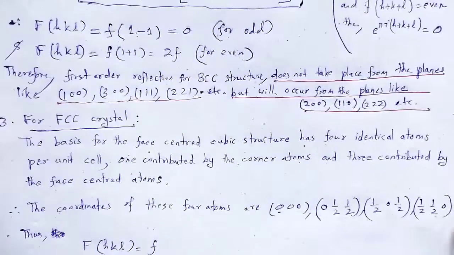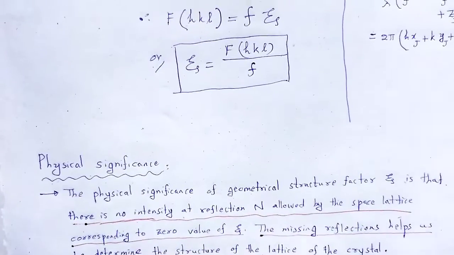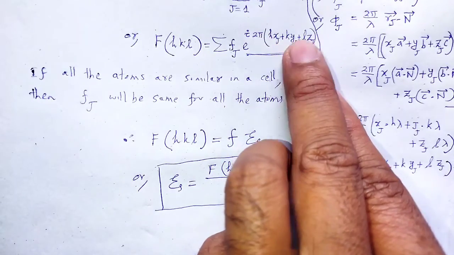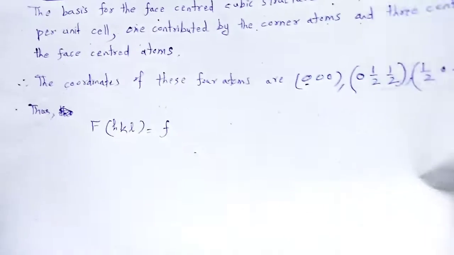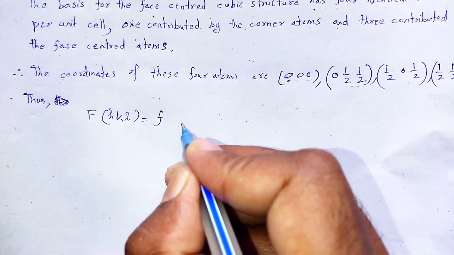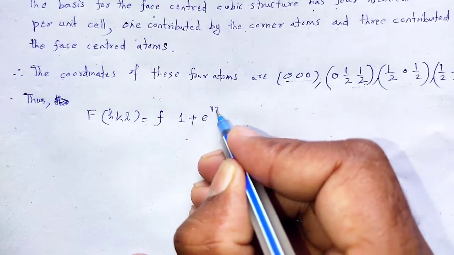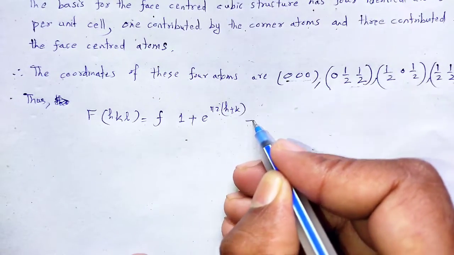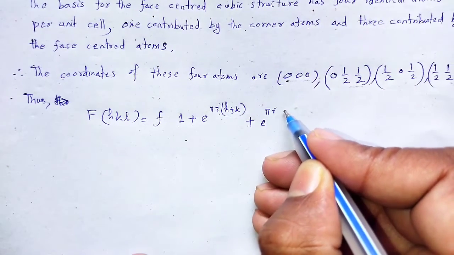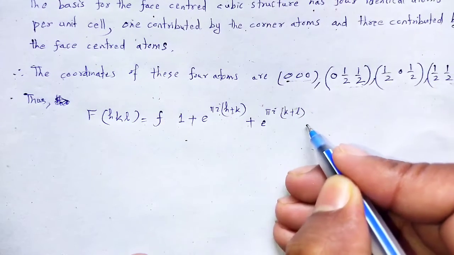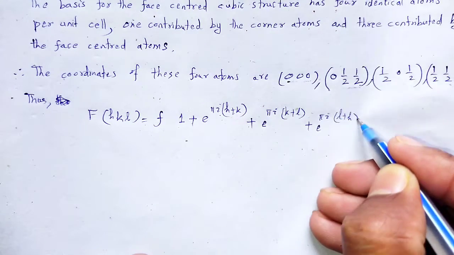Each term is written with f. Putting 0 we have 1, next putting 0 half half, e to the power pi i (k plus l), next putting half 0 half, e to the power pi i (h plus l), plus e to the power pi i (h plus k).